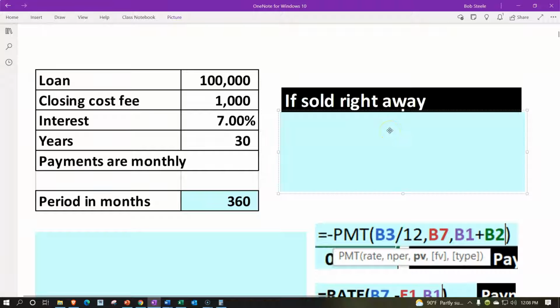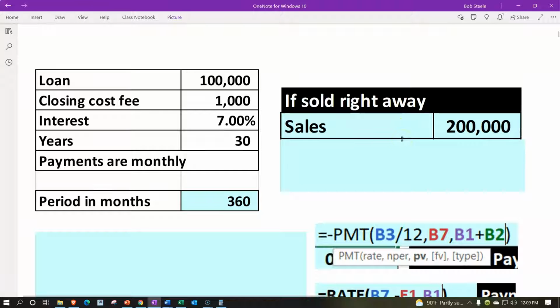Just to get an idea of this, if we were to take the home and sell it right away, let's imagine we financed the entire thing. So we needed $100,000 to buy the home. Obviously, generally you need a down payment and whatnot. But just to get an idea of it, let's say we financed it and then we flipped it the next day, and for whatever reason we were able to sell it for $200,000.